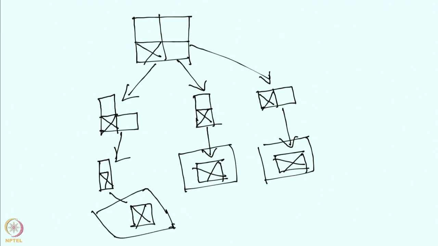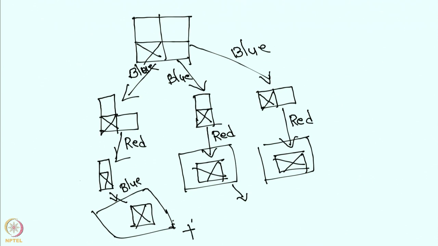Now let us look at it. If the first choices are by blue, and after this red makes the decision, and here again blue makes the decision. So let us look at it in this case. Here blue is the winner, and here red is the winner, and here again red is the winner.